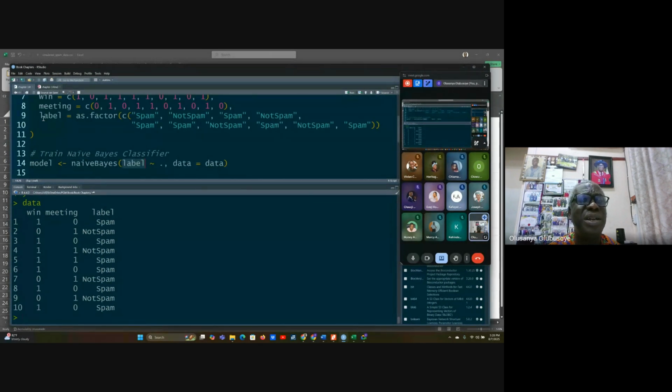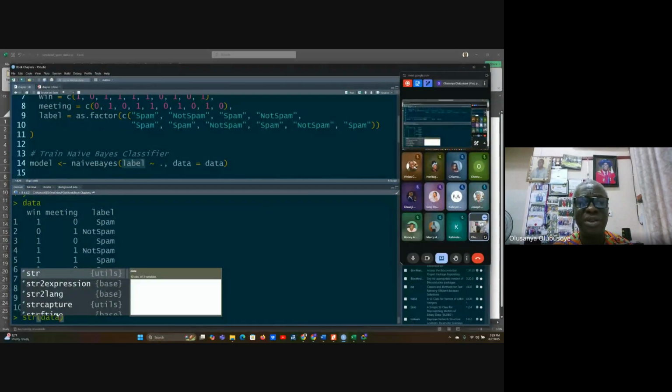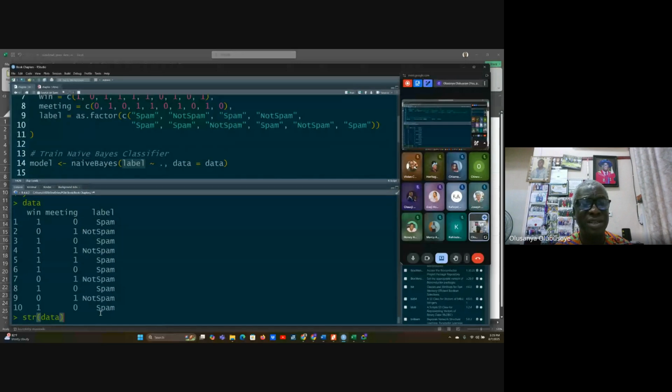For the variable label, I used a function last week, the str function, to help you understand the internal structure of the data.